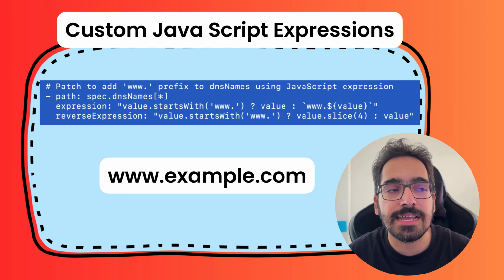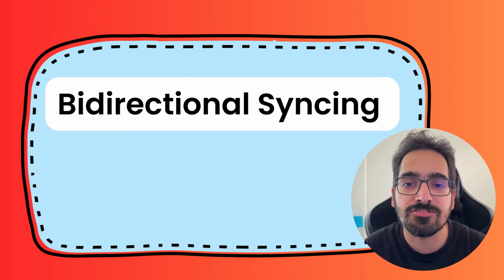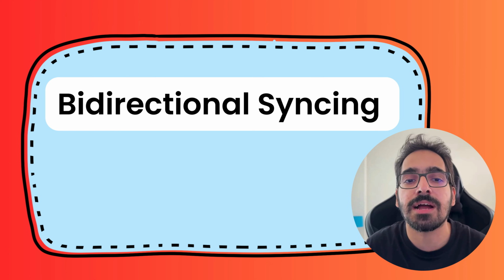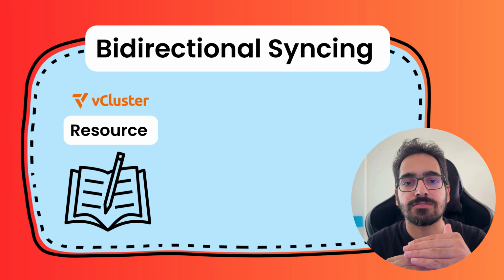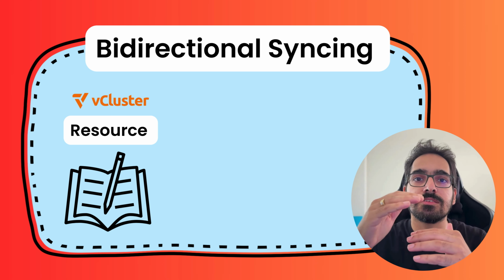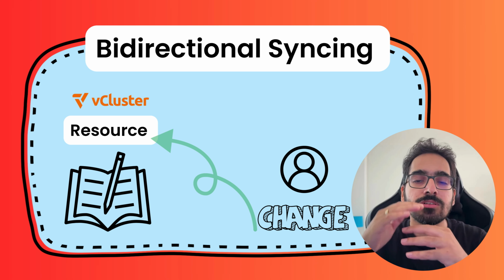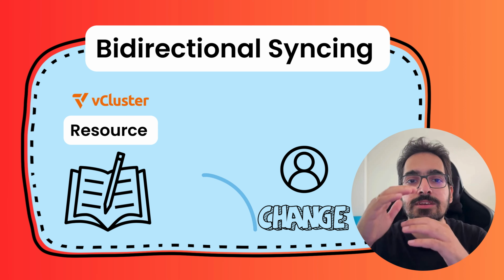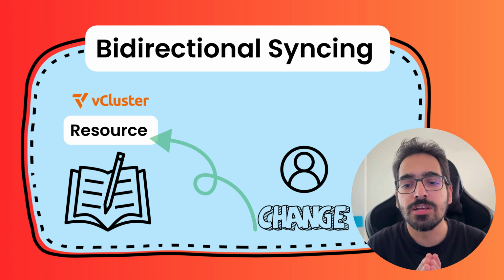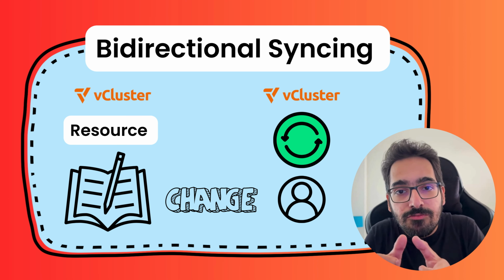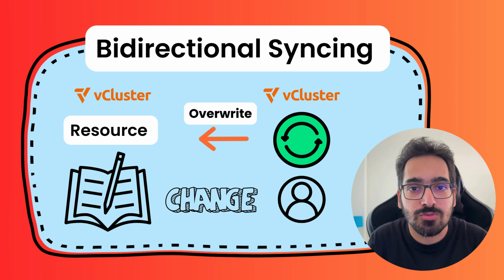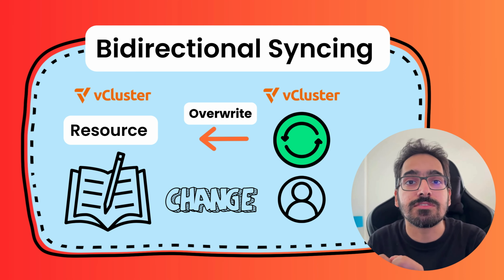Another cool feature coming in 0.21 is bidirectional syncing. Let's say you created a resource in the vCluster and it is created on the host cluster. Someone or something changes that resource in the host cluster, but the syncer for the vCluster will override it because it considers the vCluster to be the single source of truth.